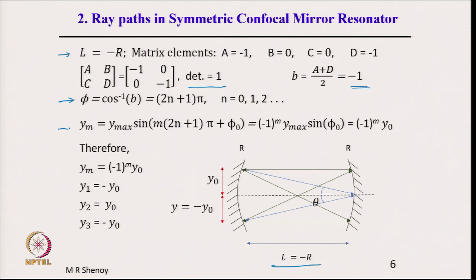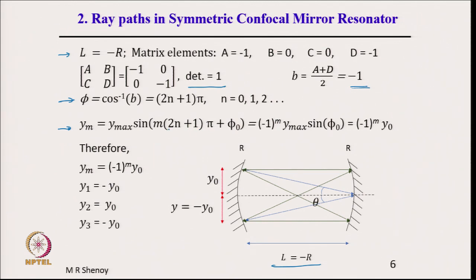Therefore, y m is equal to y max into sin m phi. So, for phi we have 2n plus 1 pi, so m into 2n plus 1 pi plus phi 0.